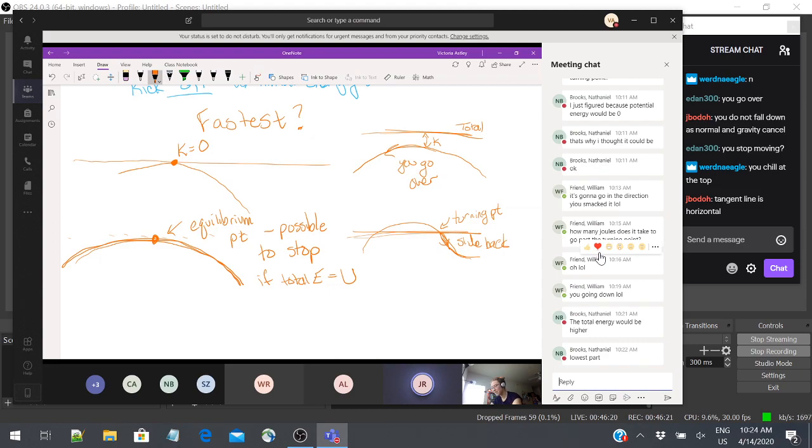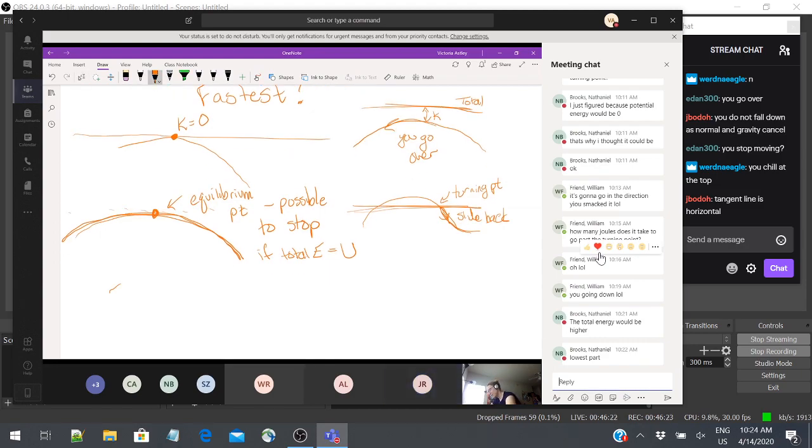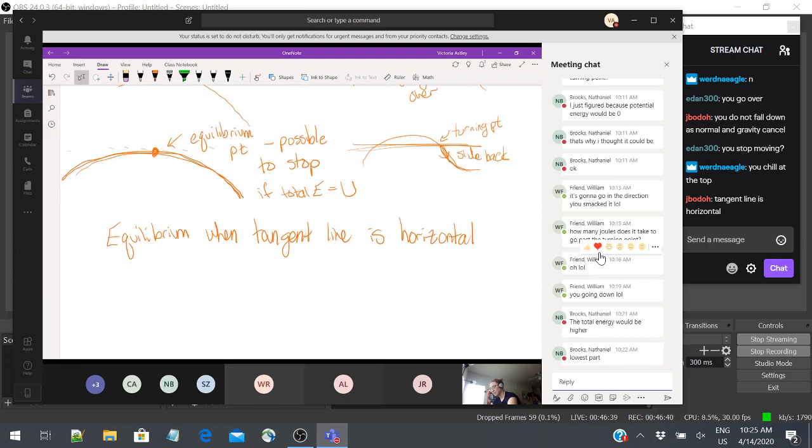This is where your tangent line is horizontal. So equilibrium happens when your tangent line is horizontal. Okay.